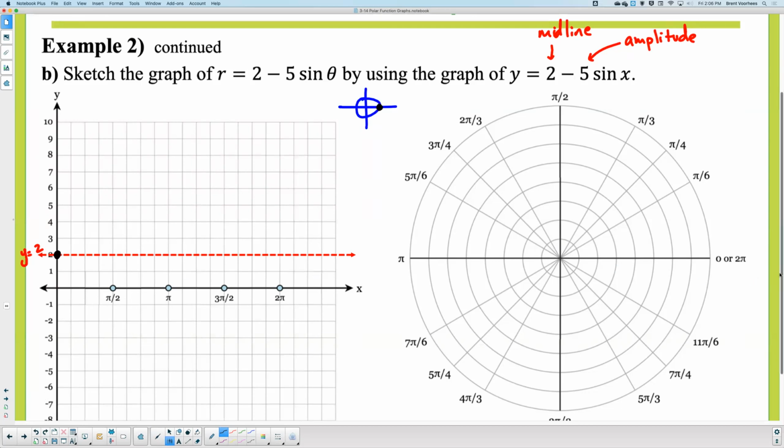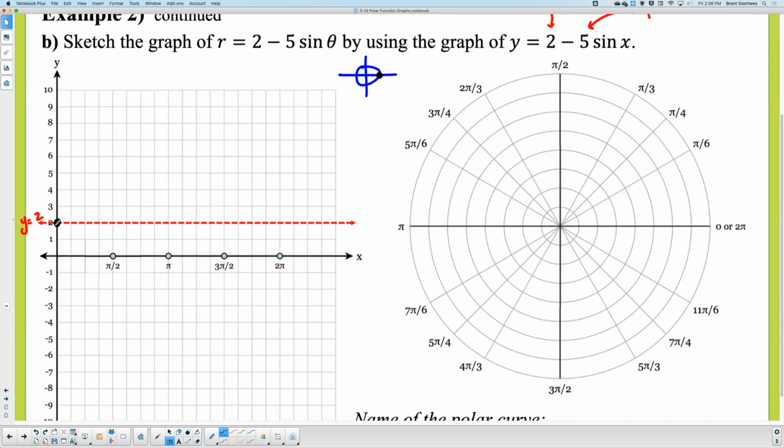Now sine typically gets to its maximum at what value? Pi over 2. Now this problem, because it's negative, doesn't go to its maximum first. Rather, it goes to its minimum. So at pi over 2, we need to go down 5 units from here. 1, 2, 3, 4, 5. Put a dot right there.